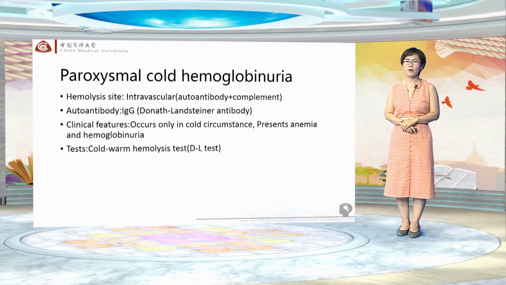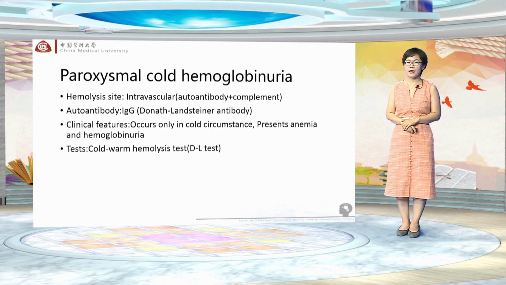Paroxysmal cold hemoglobinuria is intravascular hemolysis caused by autoantibody and complement. Autoantibody is IgG, which is also called Donath-Landsteiner antibody. Hemolysis occurs only in cold circumstances. Patients present with anemia and hemoglobinuria.